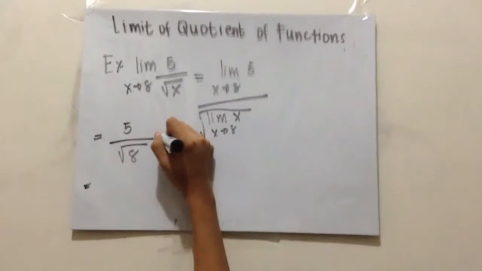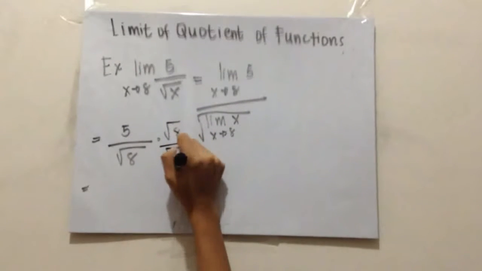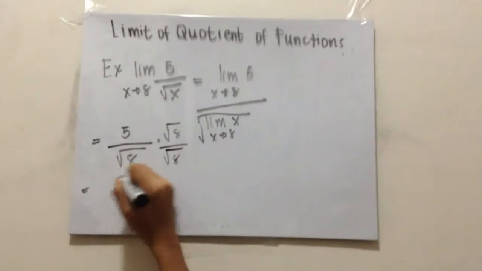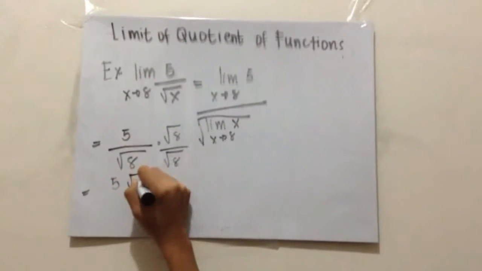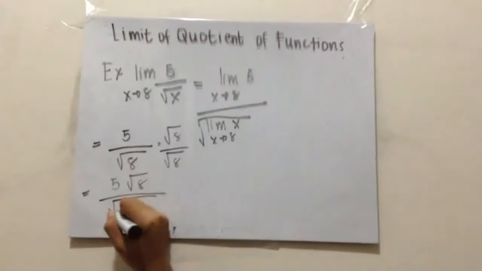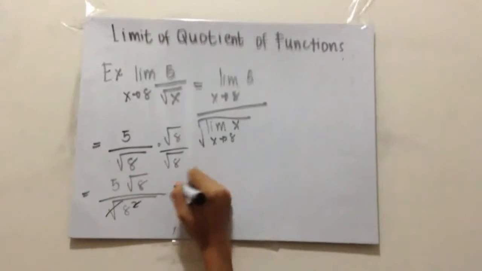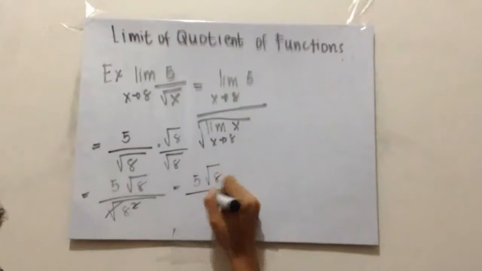But in the rules of radicals, there is no fraction form. So we will multiply by the square root of 8 on both sides, and we will get the answer 5 square root of 8 over square root of 8 squared. So we can cancel the radical sign, and we will have an answer like this, 5 square root of 8 over 8.